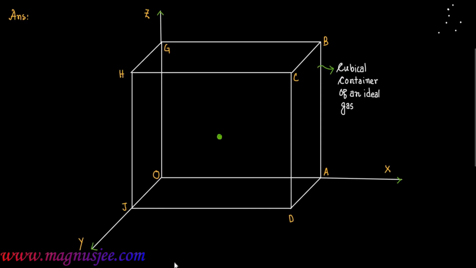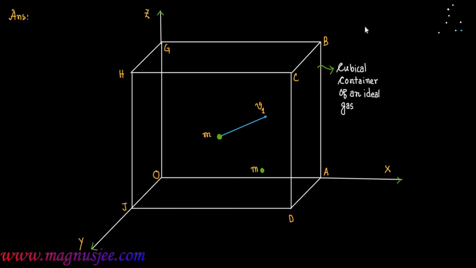This is a gas molecule of mass m. Small m is the mass of each gas molecule. And this is the first gas molecule. We can assume that this molecule is the first gas molecule which is moving with a velocity v1 along this direction.